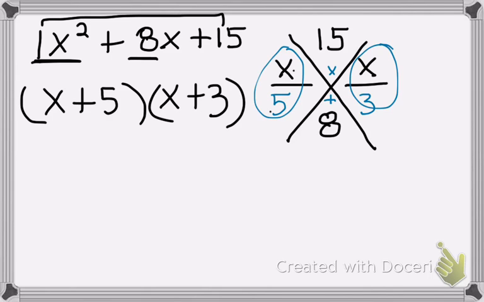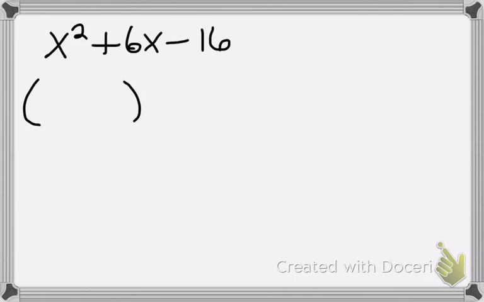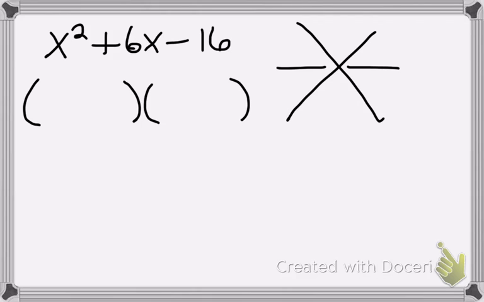Let's do one more example with a negative in there. X squared plus 6x minus 16. So it's still the same idea. I'm going to set my parentheses. I'm going to draw my X with my lines. That's my setup.